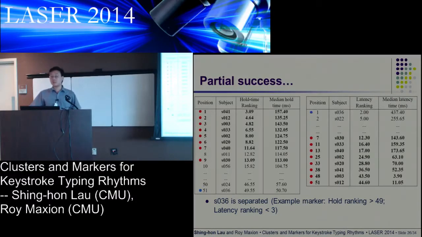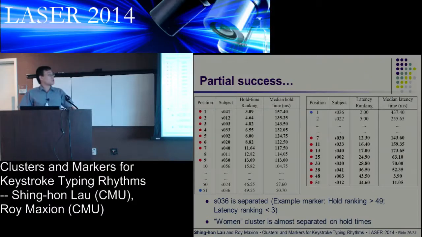But now, if we look at the women cluster, we don't have quite the same level of success. We have almost success. The subjects in the women cluster are indicated both in bold here and with the red dot. And you can see that when we look at the hold times, there's a little wrench in the mix, which is subject 11.